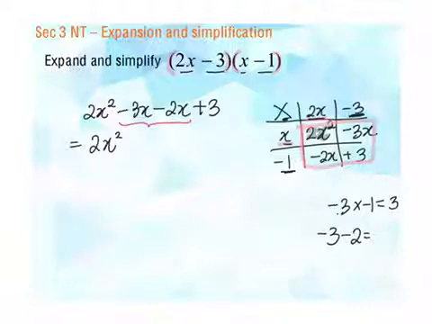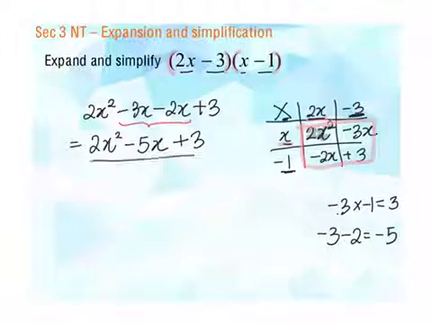I take away 3 units and I take away another 2 more units. That will give me negative 5. So in this case, this is negative 5 units of x. Please remember to write down the x. Then followed by the number at the back, plus 3. Therefore, this will be the final answer.